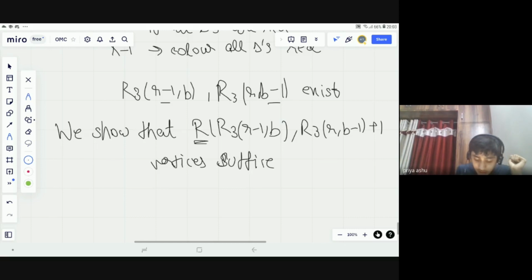The first R is the previous R in which we are cutting edges, and this is the R3 now, in which we are cutting triangles, which we are trying to prove. So we show that this large amount of vertices suffice.